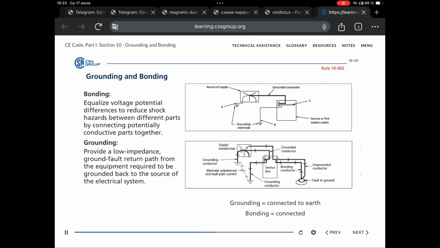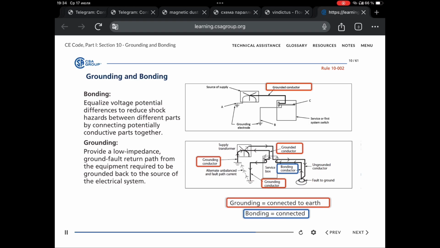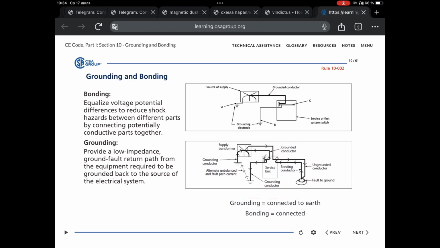This path facilitates the operation of the fuse or circuit breaker to allow it to remove the faulted condition. In short, bonding means connected, while grounding means connected to earth. Grounding and bonding together provide the safety from shock hazards that is so important.